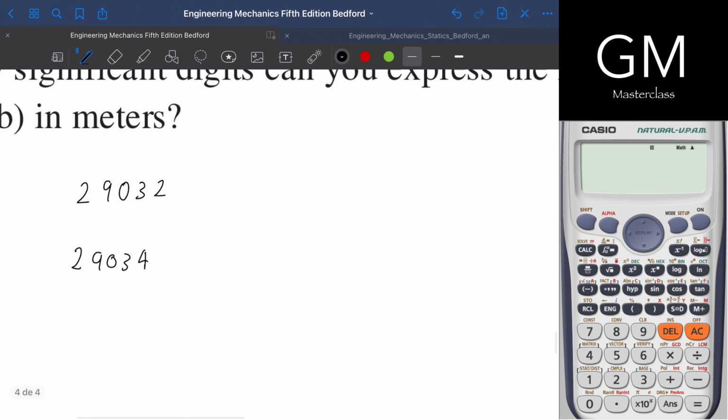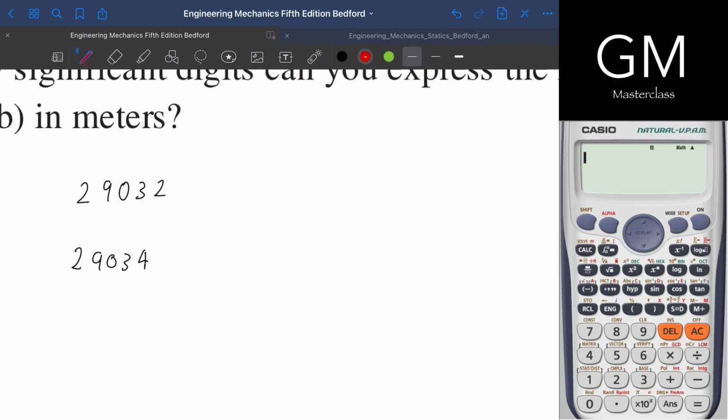Then the first question is pretty easy, because I just have to notice in which part of the number I'm getting a different number, and that is this spot, because here I have a 2 and here a 4.